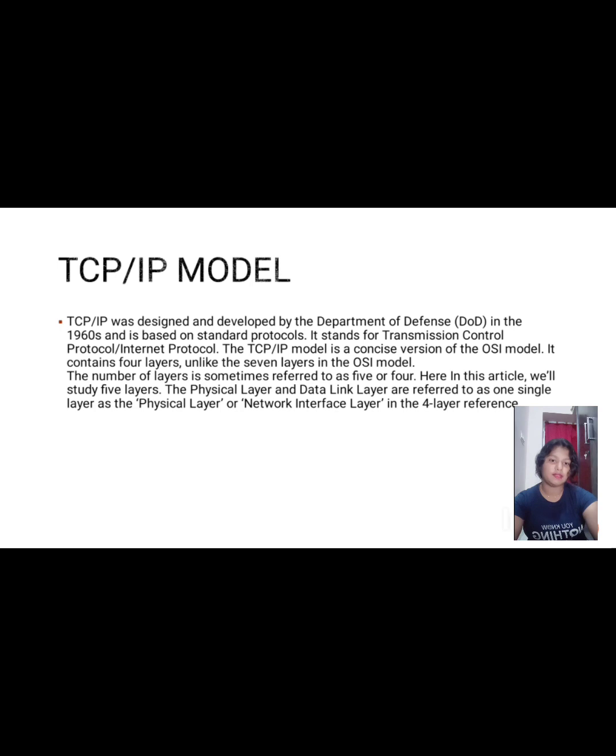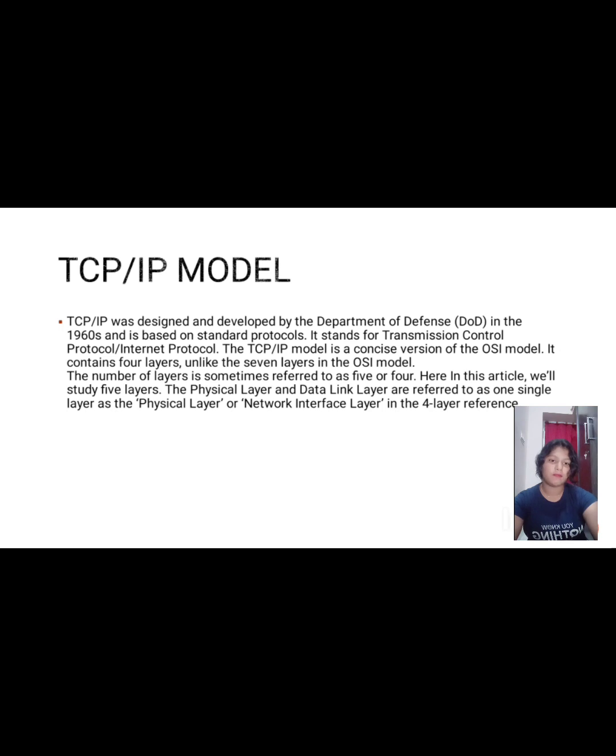Next topic we are going to discuss is the TCP/IP model. The TCP/IP model was designed and developed by the Department of Defense, called DoD, in the 1960s and is based on standard protocols. It stands for Transmission Control Protocol/Internet Protocol. The TCP/IP model is a version of the OSI model.